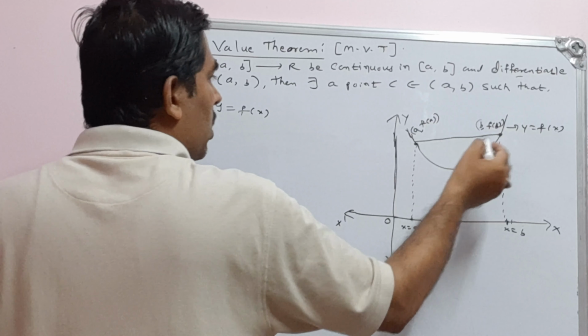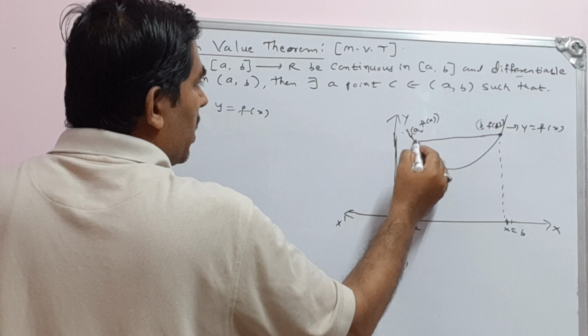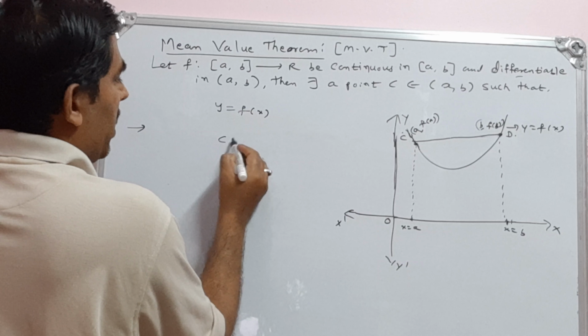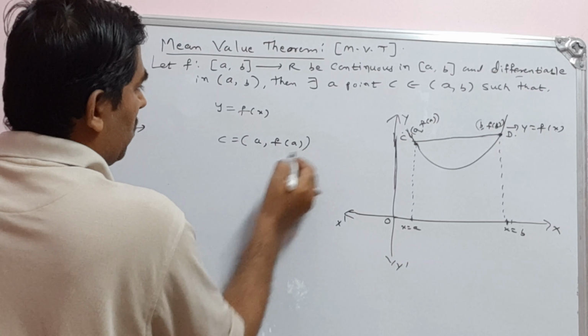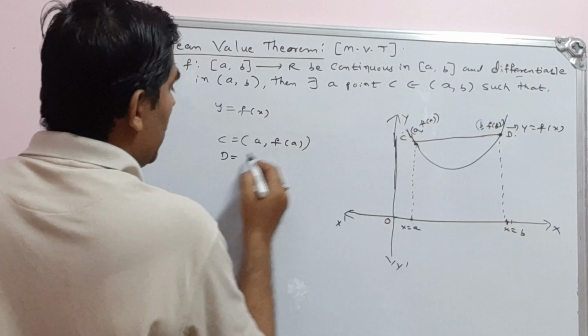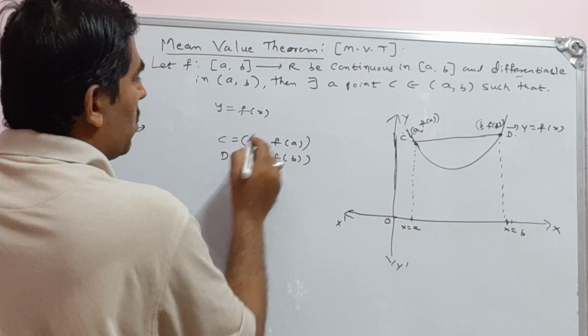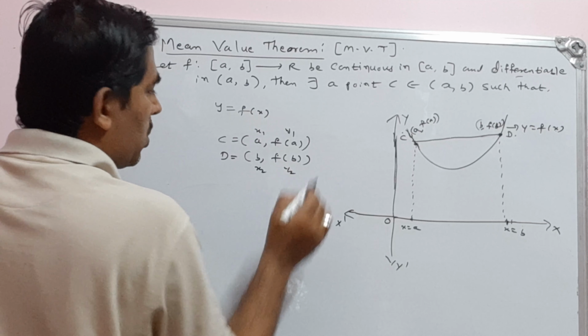Let me take this point as C and this point as D. Coordinates of C are a, f of a, and coordinates of D are b comma f of b. Let me take these as x1 y1 and x2 y2.